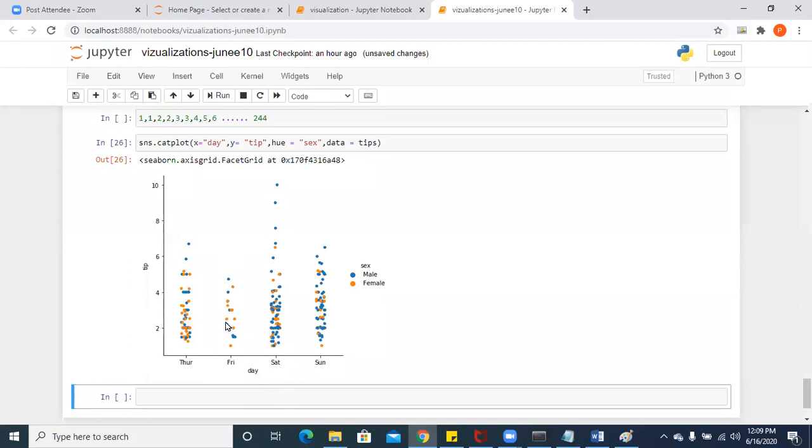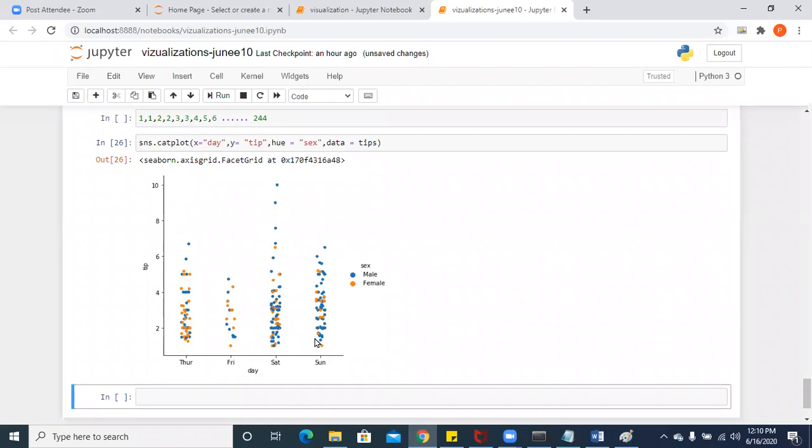On Friday, females are higher and male people are fewer, but the highest tip was given by a male person. Here also, on Saturday, more male people came to the restaurant and fewer female people came, but the tip given by the males is high.